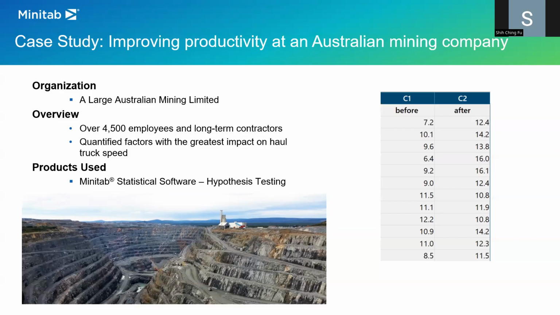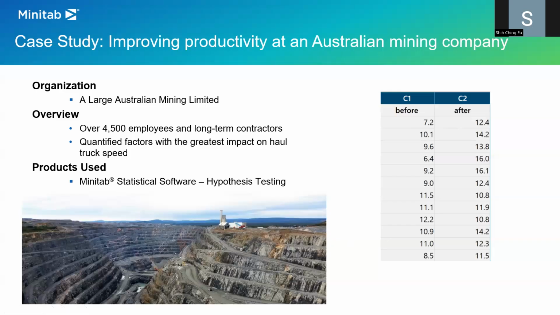So they used statistics to analyze, using hypothesis testing. They recorded the truck speed before they changed the ramp grade, and also after they changed the ramp grade, because they want to see the difference. The engineer is not a statistician, so he doesn't know how to run the analysis.